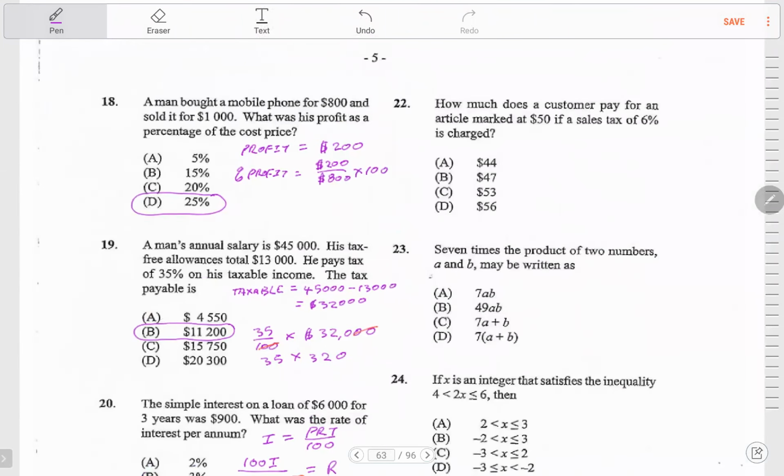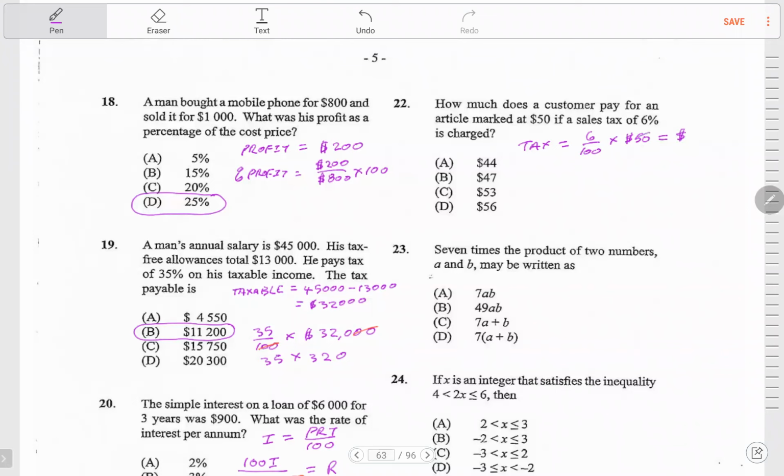How much does a customer pay for an article marked $50 if a sales tax of $6 is charged? So it's charged a sales tax, meaning you have to add a tax of $6. Right? So what is the tax? The tax would be 6 over 100 times 50. Right? So it's basically $3.